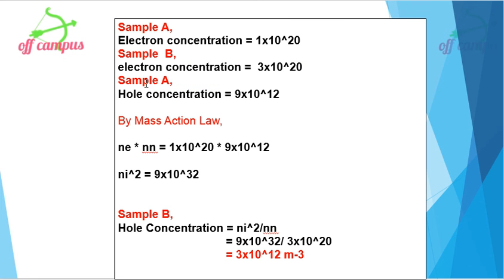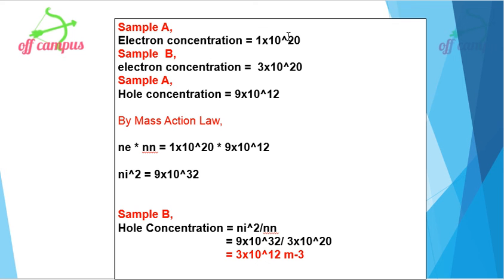For sample A, the hole concentration is given. We need to find the hole concentration for sample B. So we know the mass action law. For n type, electron concentration Ne into hole concentration Nh is equal to intrinsic carrier concentration Ni squared. Majority carrier concentration into minority carrier concentration equals Ni squared.